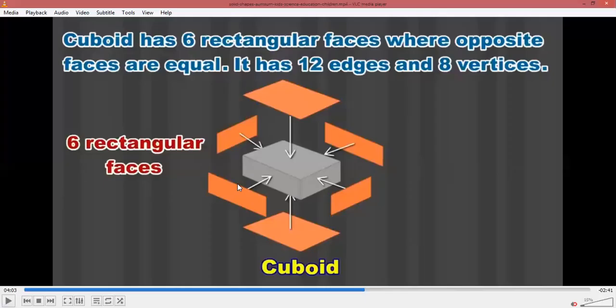Look, this is the cuboid. It has 6 faces. This is the bottom one. 1, 2, 3, 4, 5, 6. This cuboid has all faces rectangular, but it is not necessary that every cuboid has all rectangular faces. Okay, so you can check. 1, 2, 3, 4, 5, 6. How many faces are there in a cuboid?